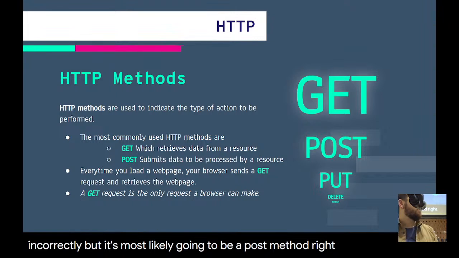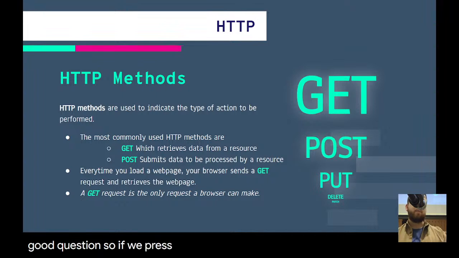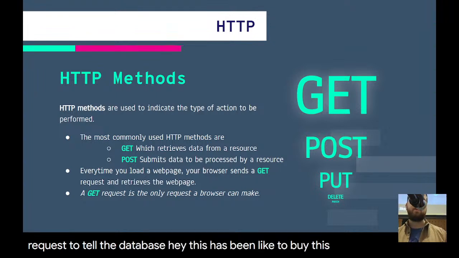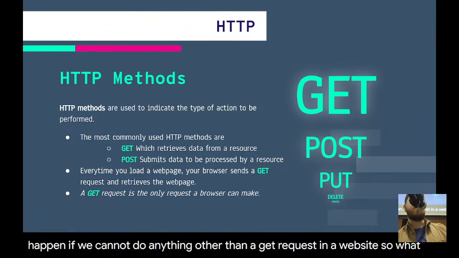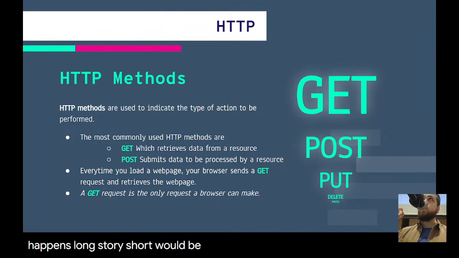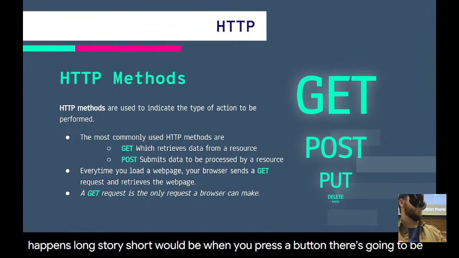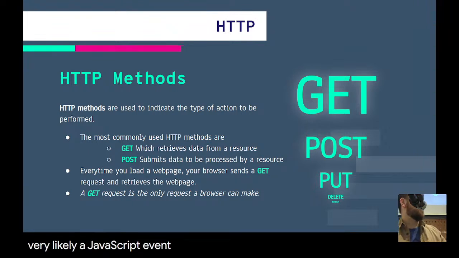So doesn't that break the last rule of a GET request is the only request a browser can make? Right. That's a good question. So if we press a like button, and that like button sends a POST request to tell the database, hey, this has been liked by this user, how does that happen if we cannot do anything other than a GET request on a website? So what happens, long story short, is when you press a button, there's very likely a JavaScript event listener that says, hey, this button's been clicked.